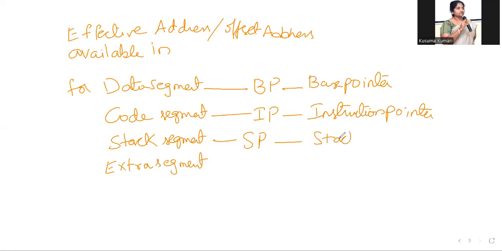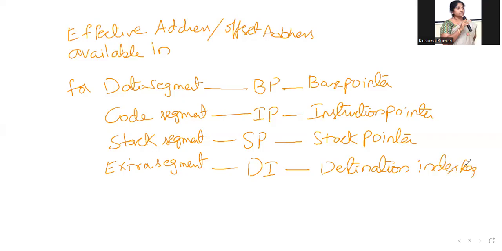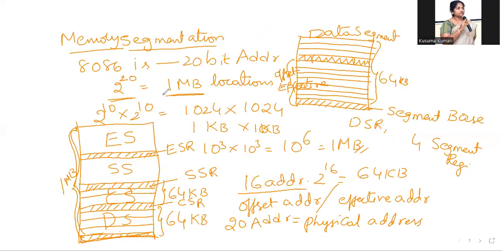For the extra segment, the effective address is available in the destination index, DI, register.